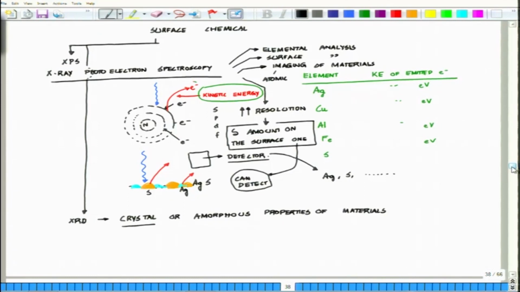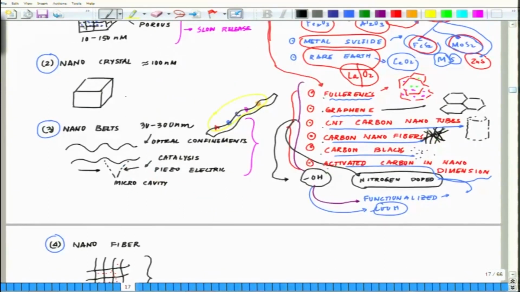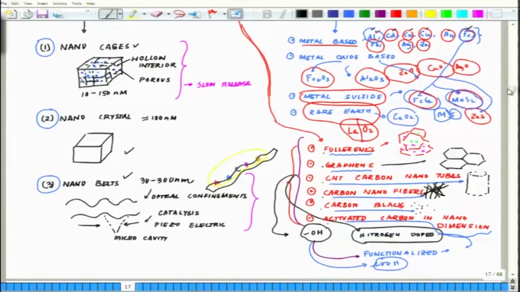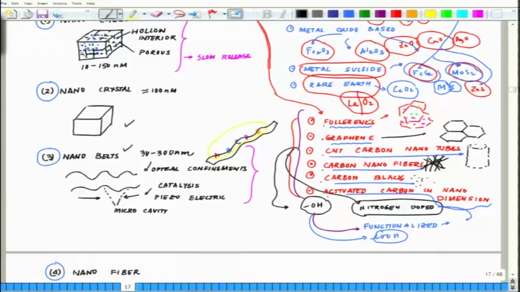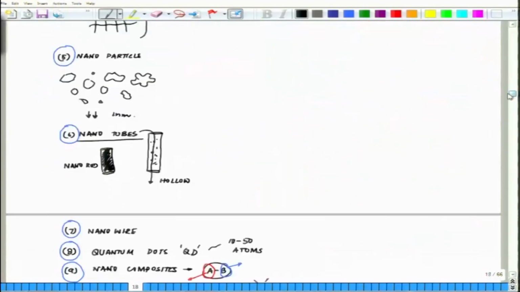Say, for example, we talk about nanocrystals, nanobelts, nanocages. So what will be the crystal structure, how the crystallinity will work out, whether there will be repetitive units to make crystals, or it will be much more like an amorphous structure where there is very little repeatability.